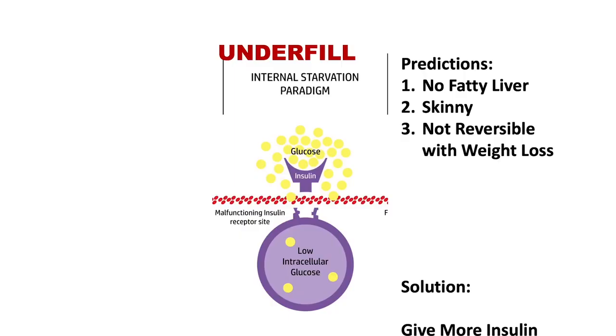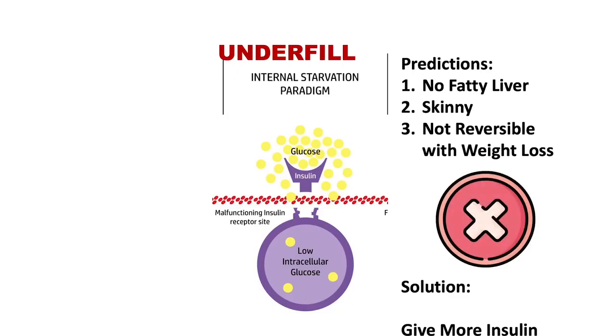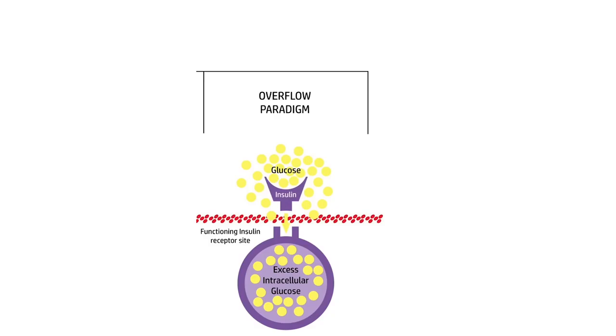But the problem is that all of those predictions of this internal starvation paradigm are all wrong. But there's another way that glucose can pile up outside in the bloodstream and still not have this insulin resistance. That is, maybe it's an overflow.